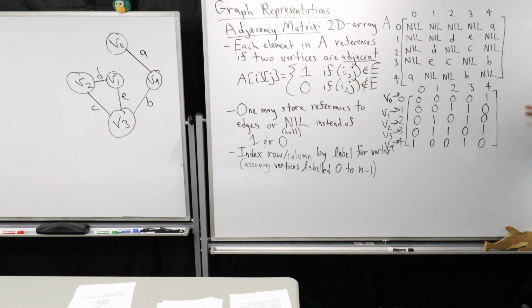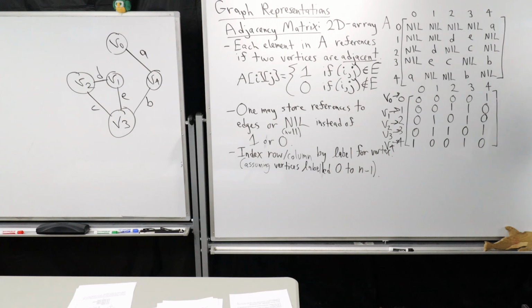That's because in a directed graph, the way you'll interpret this will be, okay, is there an edge from a vertex to another vertex? So when you interpret a row and a column, they're going to be a bit different. Now, one thing that you can do as well, and this is one that if you like doing a lot of OO-based programming is a nice way of going about it. I wrote nil as an abbreviation, for those that like using the word nil instead of null.